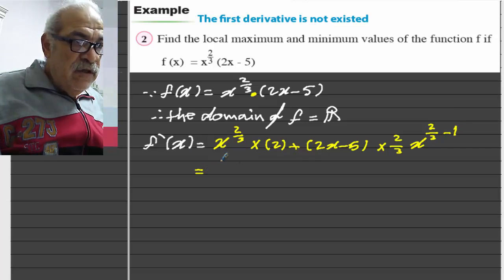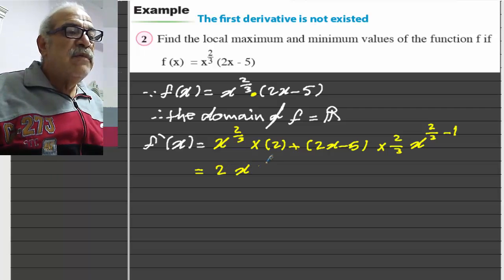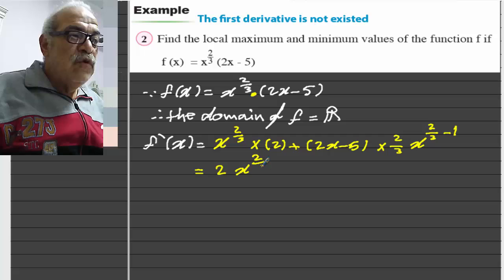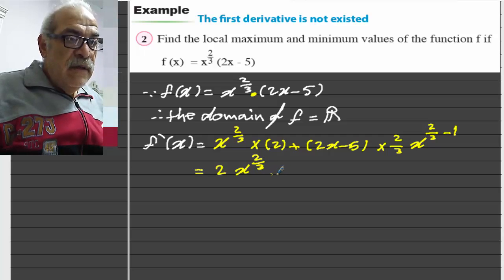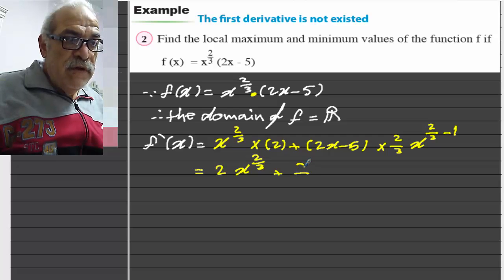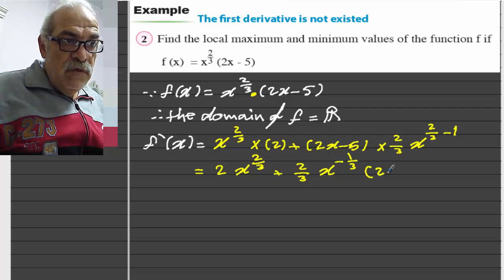And we arrange this. We write 2x power 2 over 3 plus 2 over 3 multiply x power negative 1 over 3 multiply 2x minus 5.